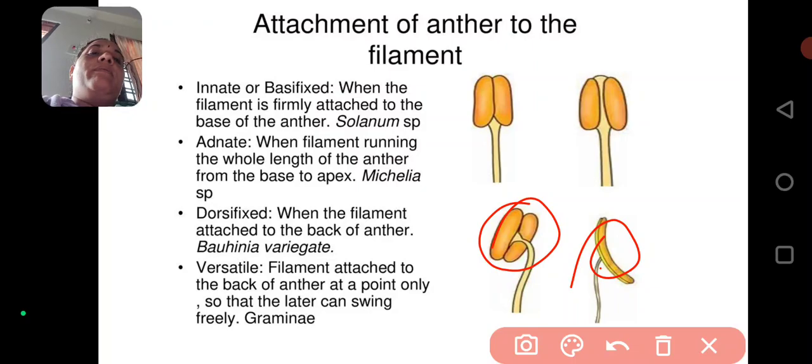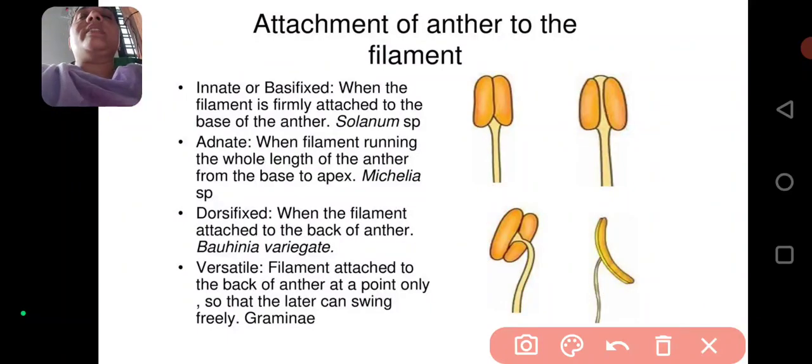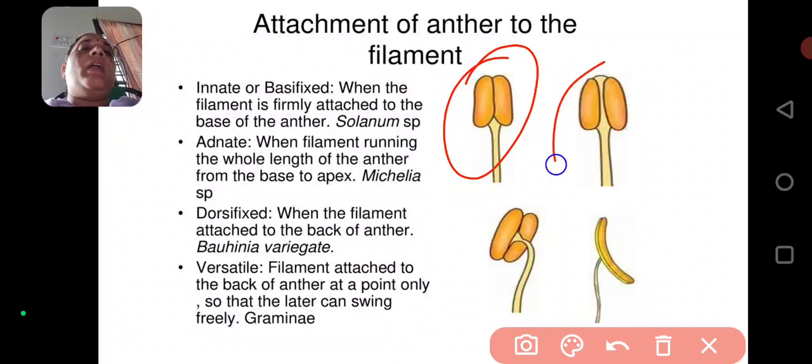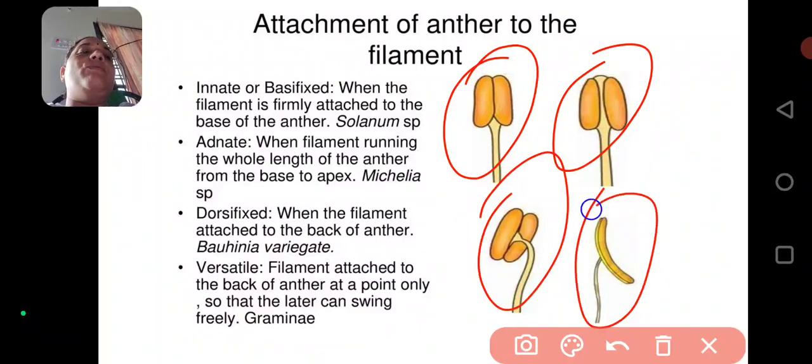Okay, when the filament is attached to the back of the anther, it is called as dorsifixed, and when the filament is attached to the back of the anther at a particular point only, so that the anther can swing very freely, that type of anthers are called as versatile anthers. Example is Gramineae family. So this is basifixed, adnate, dorsifixed and versatile.